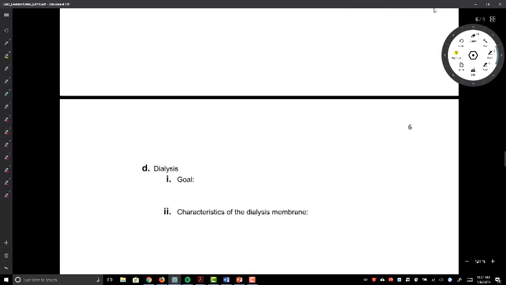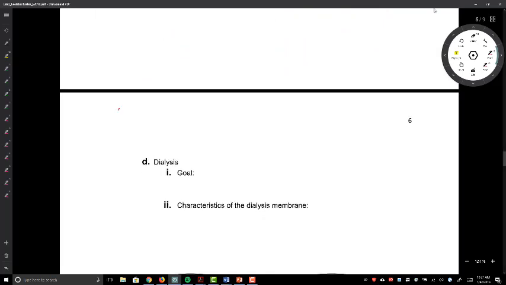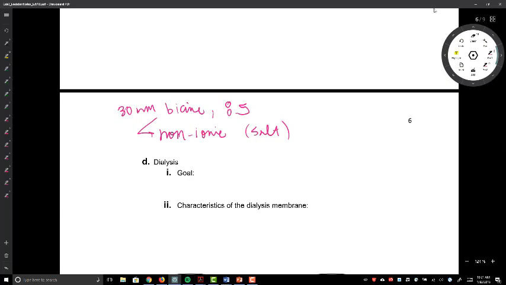Then after we take our protein, we resuspend it in 30 millimolar bicine, pH 8.5. And bicine is non-ionic, so it doesn't have a salt. It's an organic, I think it's one of the Good's buffers.